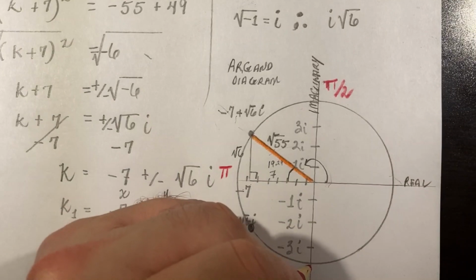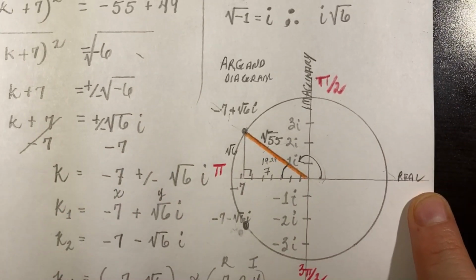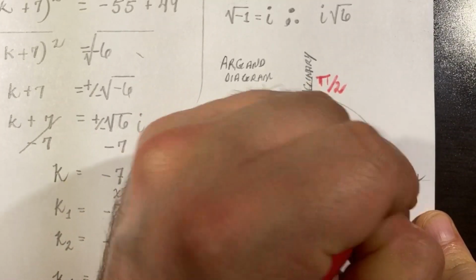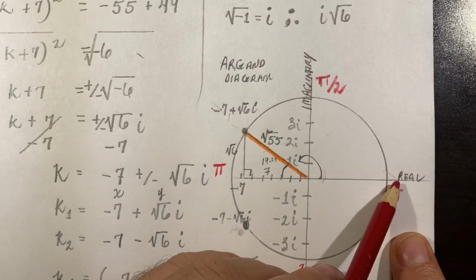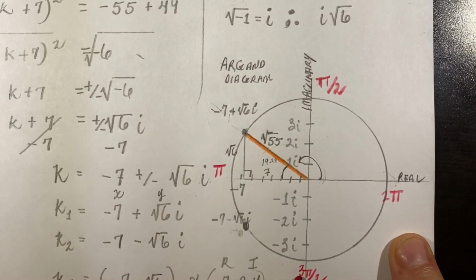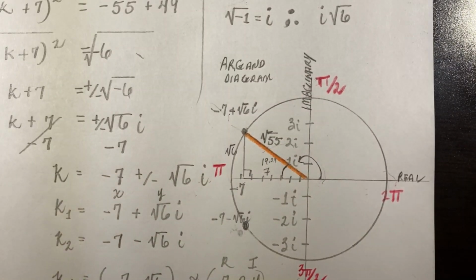Over here, it's 3 pi over 2. And then over here, it's 4 pi over 2, or just 2 pi. So it just goes 1 pi over 2, 2 pi over 2, which reduces down to pi, 3 pi over 2, 4 pi over 2, 5 pi over 2, 6 pi over 2, round and round.